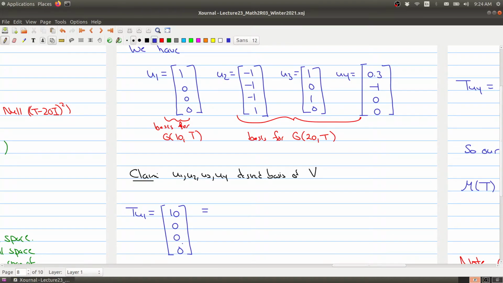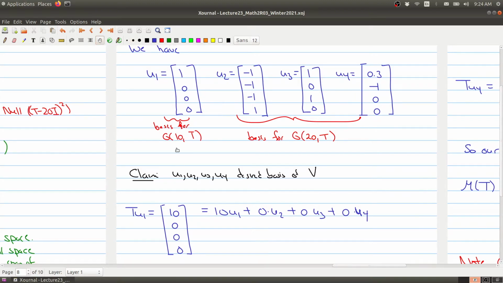I should point out that I'm doing everything as column vectors, just to save a little space and because I'm talking about matrices. So this is equal to 10 times the first basis element plus 0 times the second plus 0 times the third plus 0 times the fourth. I'm taking this element and writing it in terms of this basis.